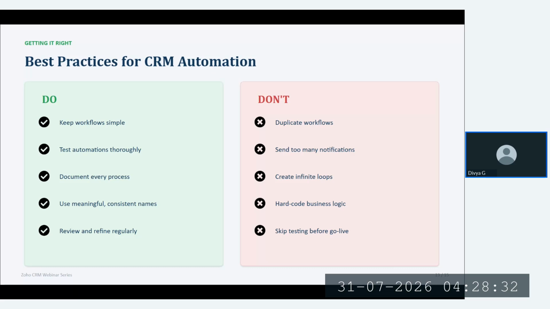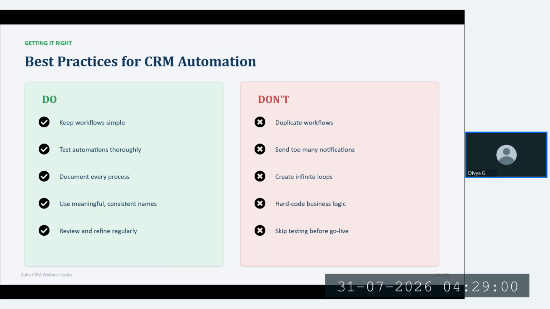The names for each workflow, automation, method, field and module should be relevant, meaningful, consistent. It should not be just ABC or any meaningless names.